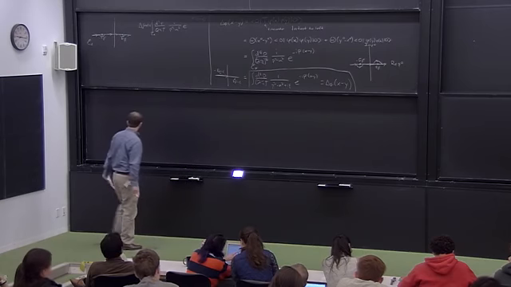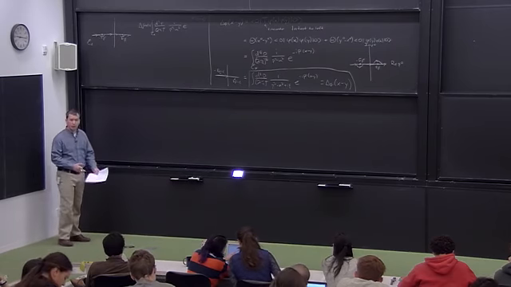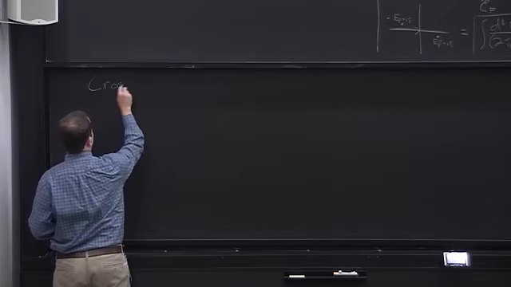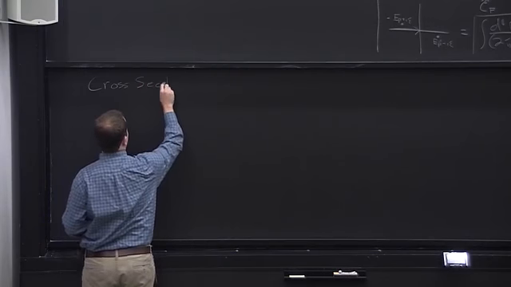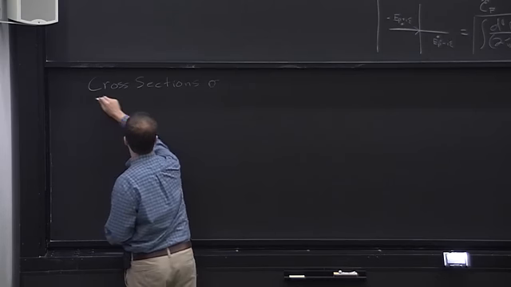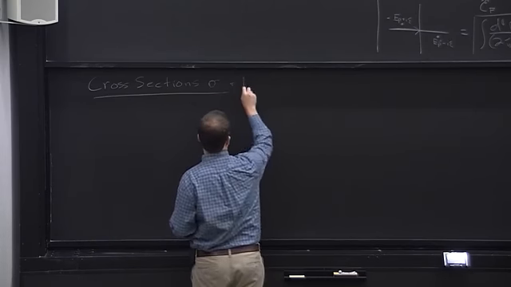Okay, so now we're going to begin our discussion of interacting theories. Our goal will be to compute cross-sections and decay rates.